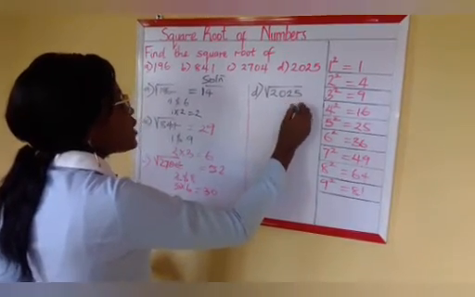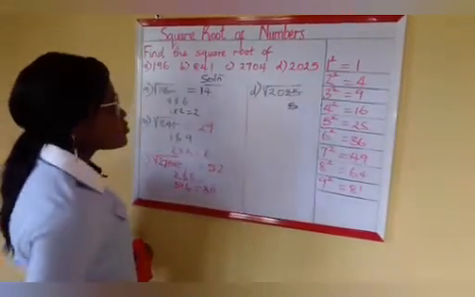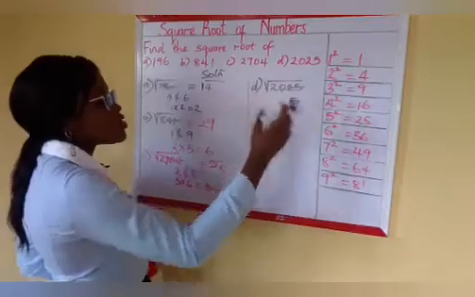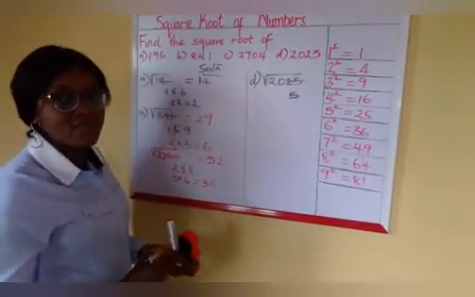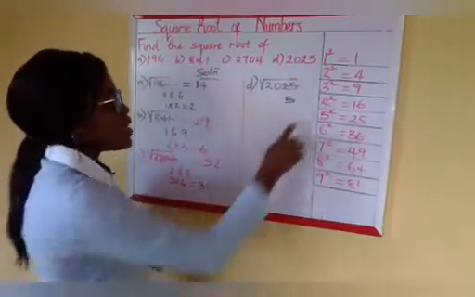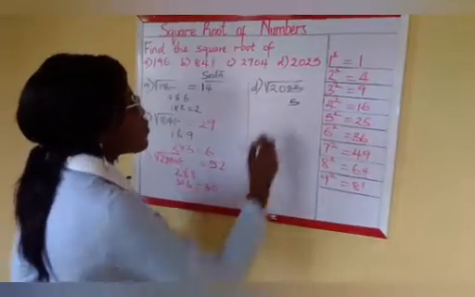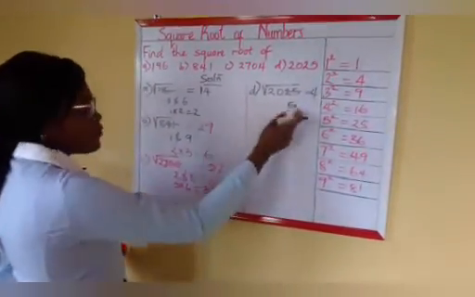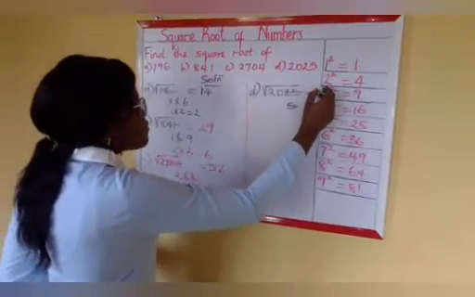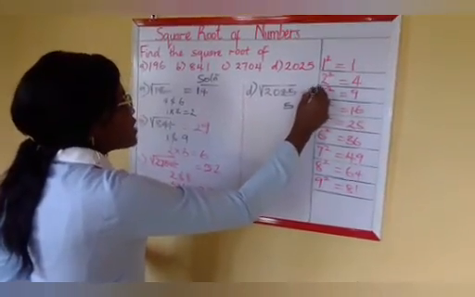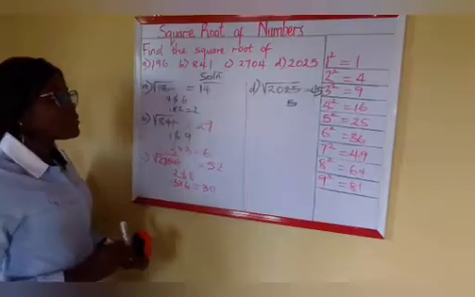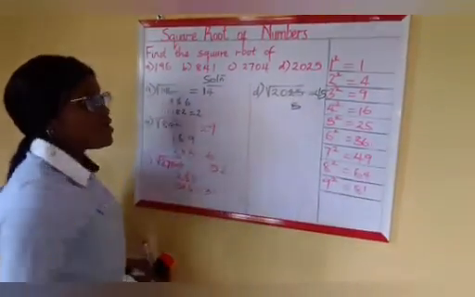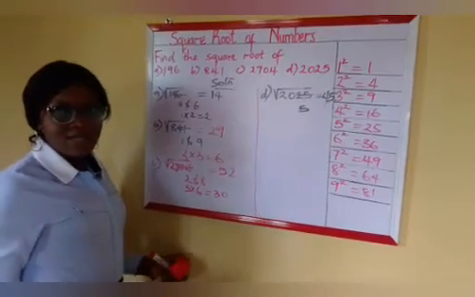You write it down here. Cross this 2. Now, from the square of numbers, which one will give us 20 or something close to 20, but not bigger than 20? And that is 4. You have your 4 as the first number, and of course we have only 5 here, so 5 should be here. That is to say that the square root of 2025 is equals 45. And that is that.